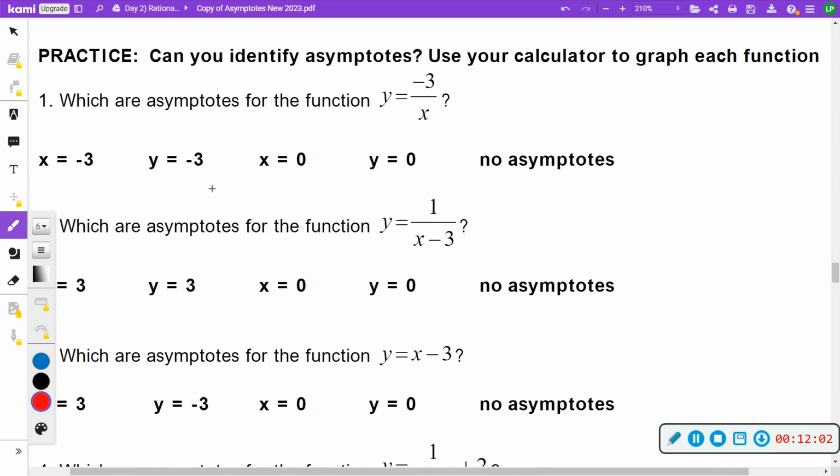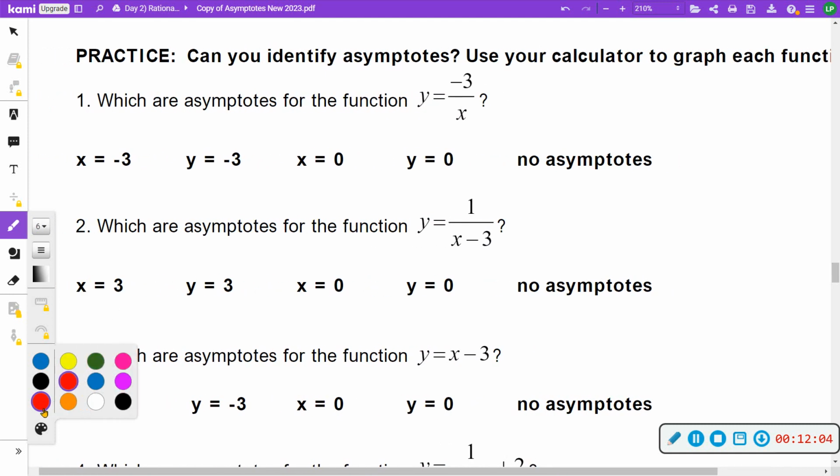It says you could use your calculator to graph, but I really don't need that. So remember, when I'm looking at vertical asymptotes, I'm looking, when is this 0? When that's 0 is when x is 0. So my vertical asymptote would be here, because when that equals 0, you can't divide by 0.